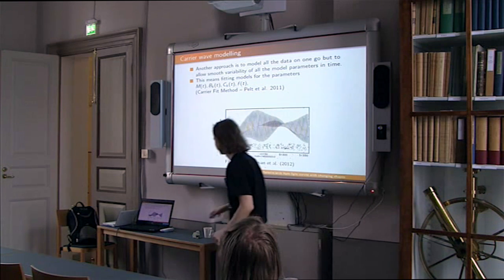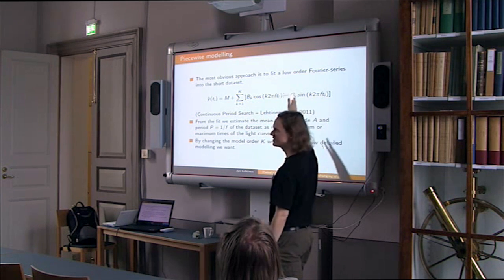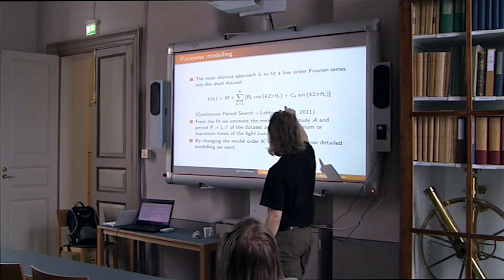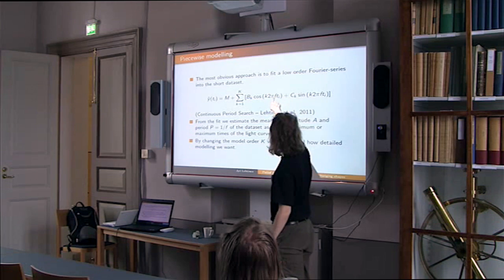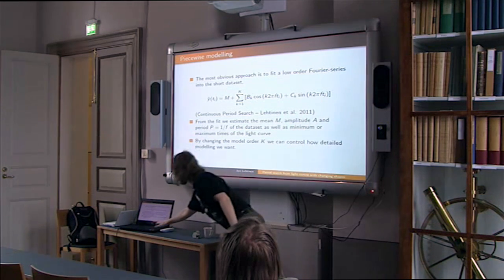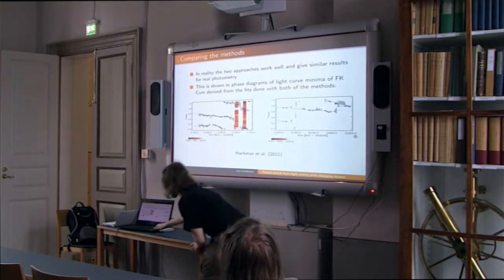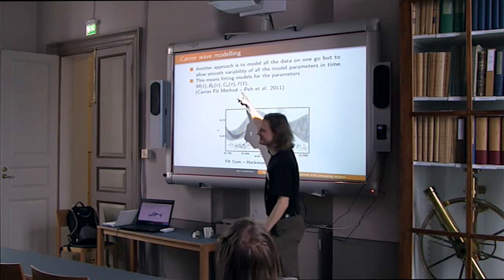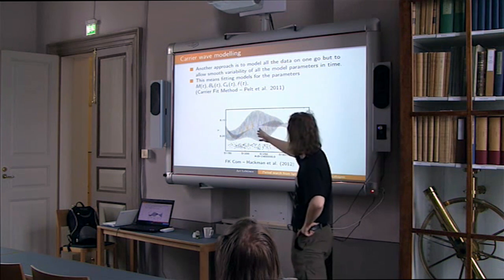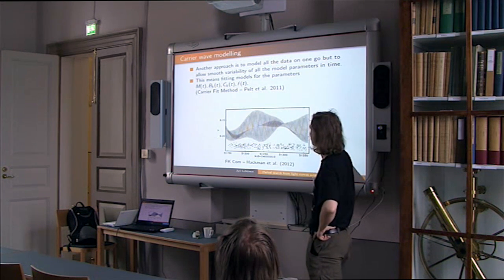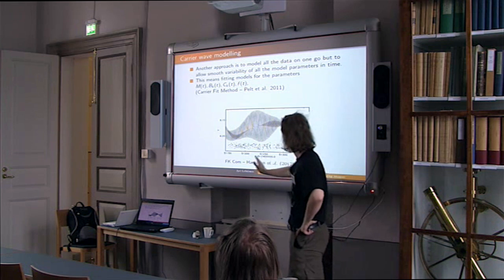So the idea is that if we come back here with this model, you're using all of your data there, but each of these model parameters, n, d_k, c_k, and also the frequency, has time dependence. And as a result, you can get this kind of smoothly variable light curve fits. So this is one single fit for quite a stretch of data.